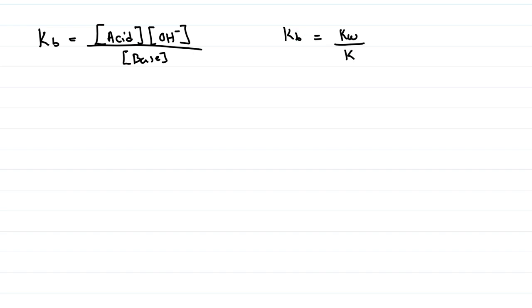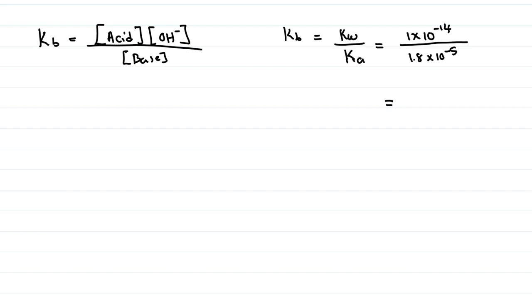Kb is equal to Kw divided by Ka. Kw is 1 multiplied by 10 to the power of negative 14, divided by the value of the Ka, which is 1.8 multiplied by 10 to the power of negative 5.